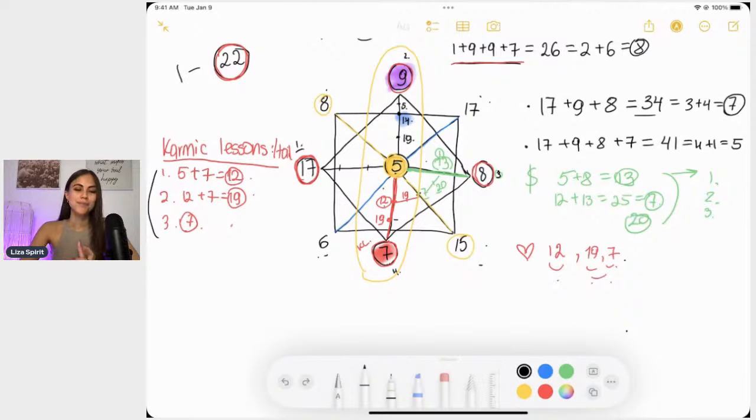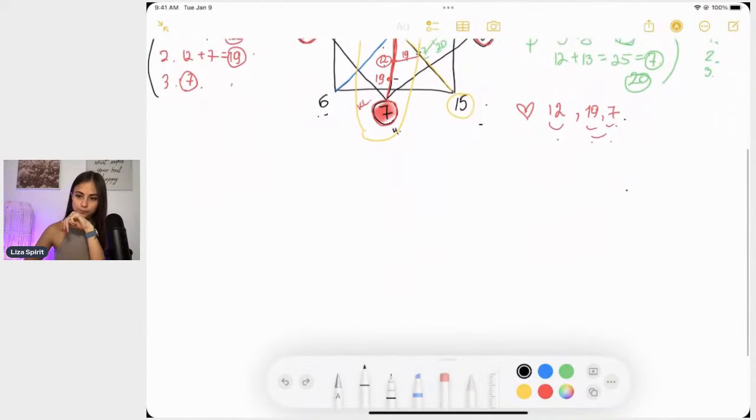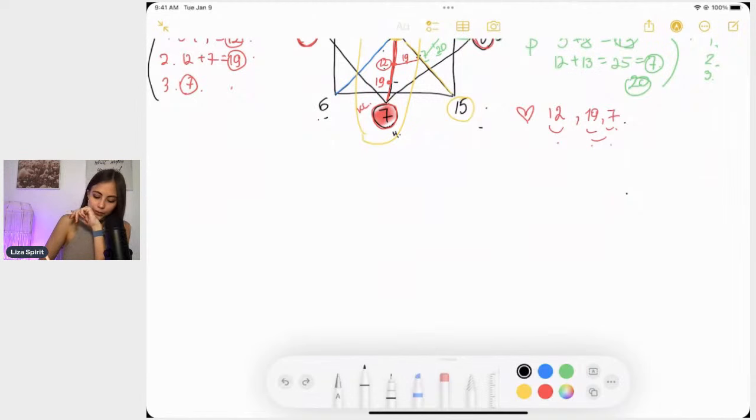We have three different destinies, things we need to do in life. The first one is from age 0 to 40. Yeah, I know it's a huge gap. When I learned it, I was so disappointed.